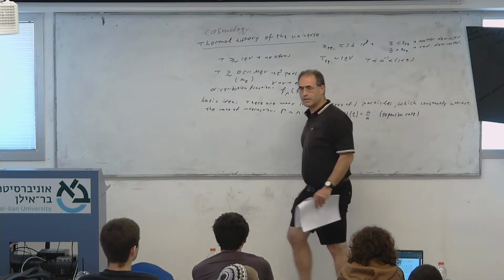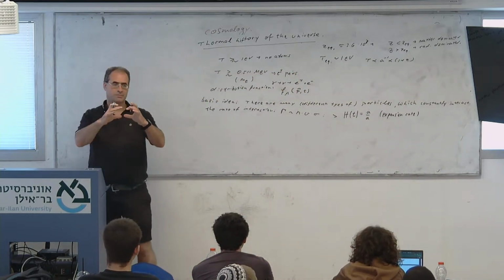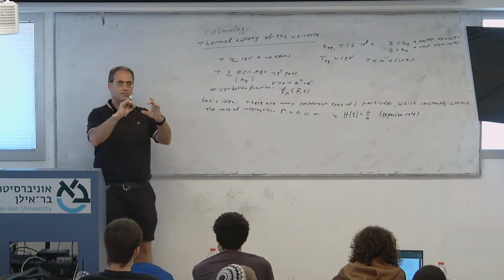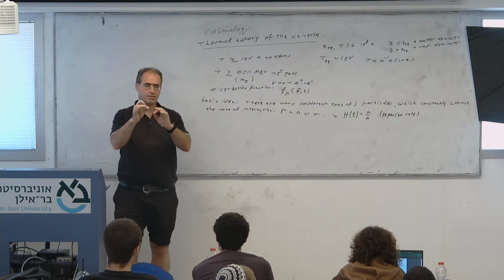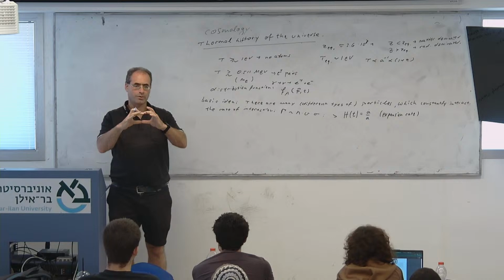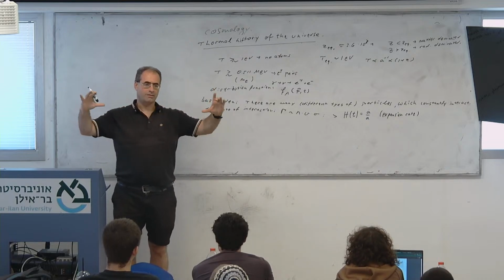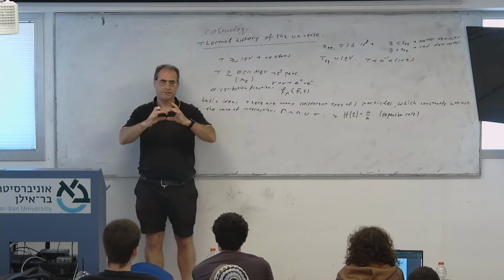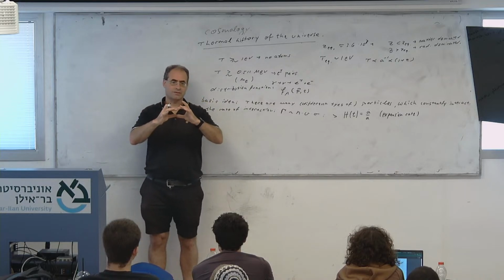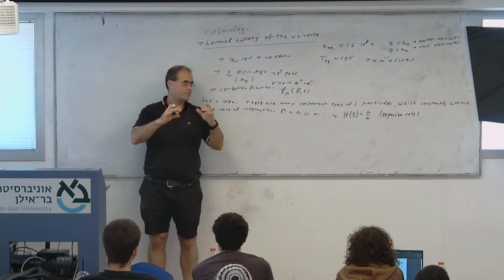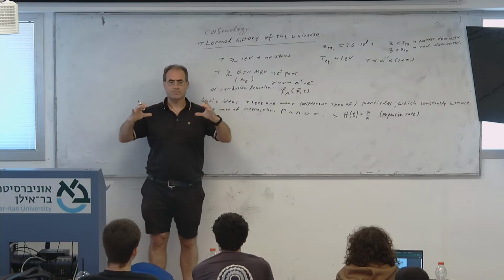See what happens, right? I have a box. I have plenty of particles that move relativistically, and they constantly interact with each other. But my box expands. Now, what happens if the interaction rate is very high? It decreases, yes, but if it's higher than the expansion rate, what does it mean?